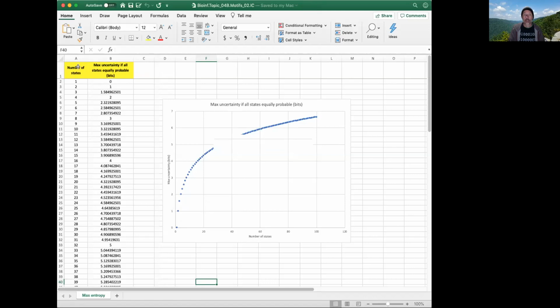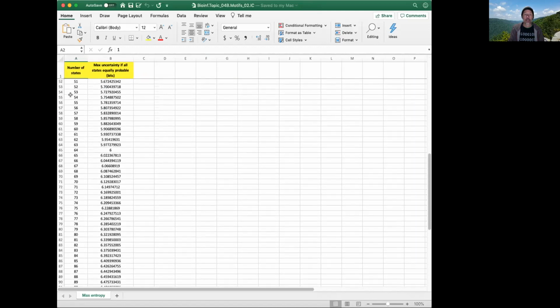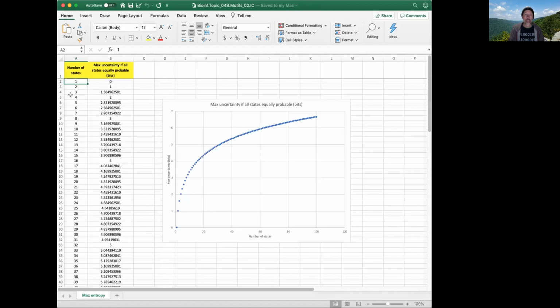I've entered the number of states, and I've gone from 1 all the way up to 100. I've done 100 different states. And then I've calculated the maximum uncertainty, assuming all states are equally probable. These are in bits, and you can see this is simply the log. Here's the formula up here in the formula bar. This is the log of the number of states using a base 2.